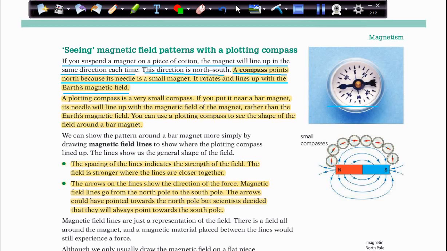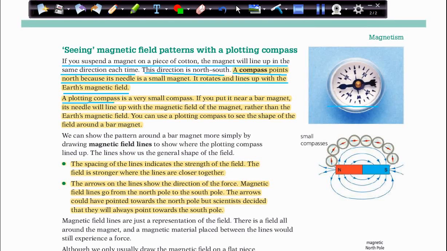So if you hold a compass anywhere on Earth, this magnetic needle will always be attracted to the North Pole of the Earth and the South to the South.